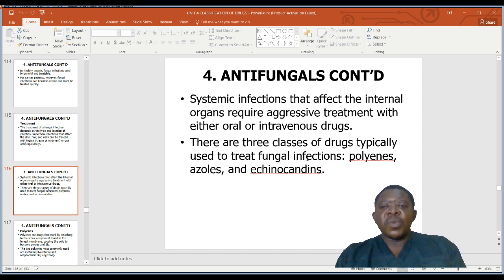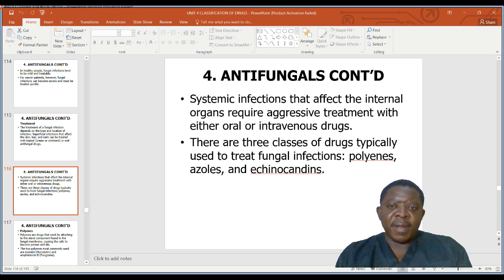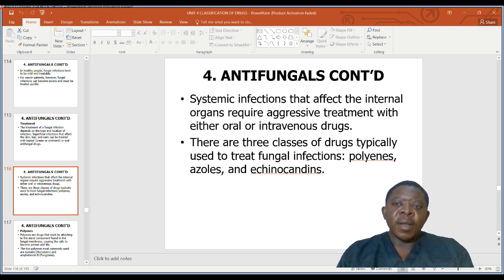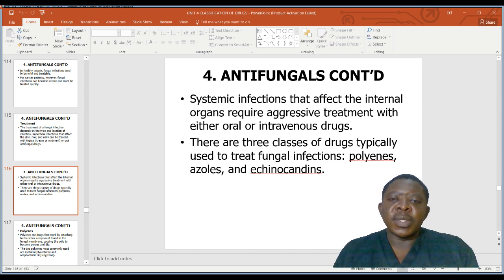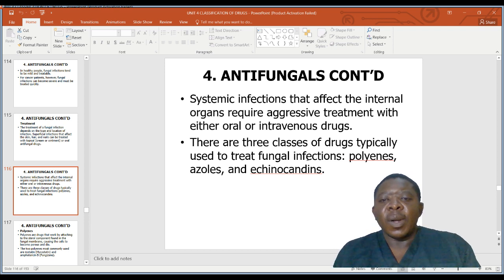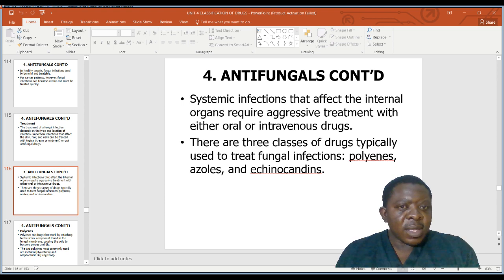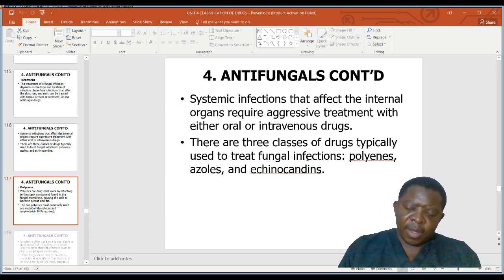There are three classes of drugs typically used to treat fungal infections. So we have the polyenes, azoles, and the echinocandins. Those are the three classes of antifungal drugs that can be used.